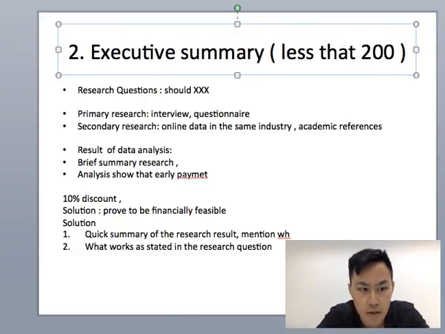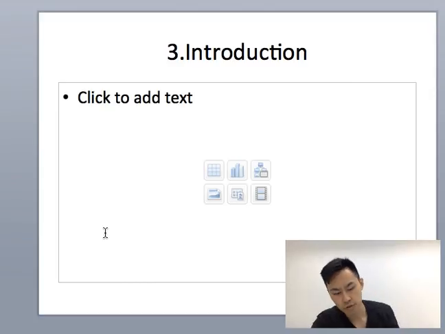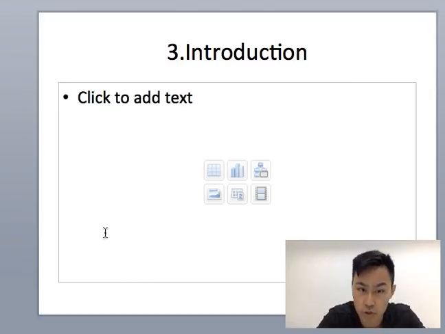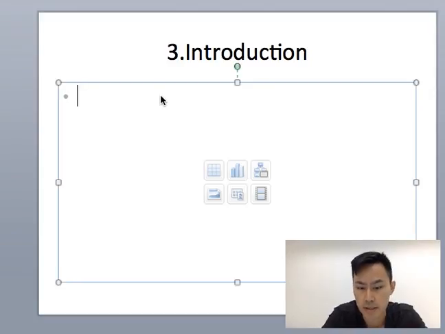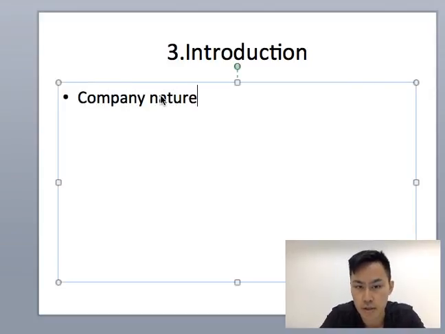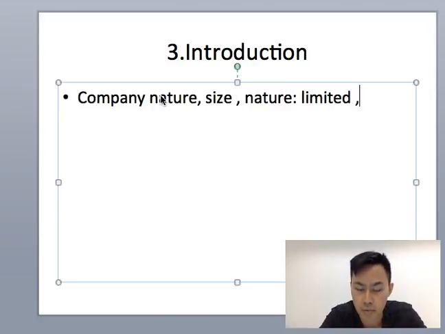Okay. Next, for the introduction, what you should mention, obviously, is the company nature, what they do, and the company size, right? The nature is that they're a limited company with how many people, and what is their business. You can mention all that, and of course you have to mention the problem they're facing.